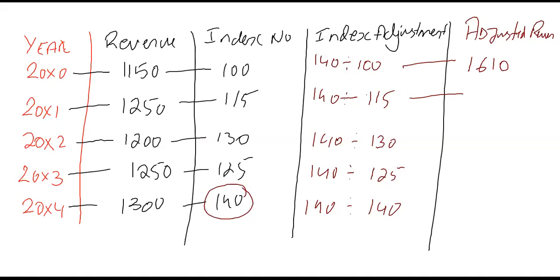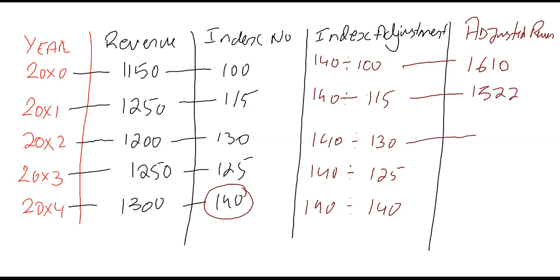The second year revenue is 1250 multiplied by 140 and divided by 115. Let me take a rounded-off figure, 1522.